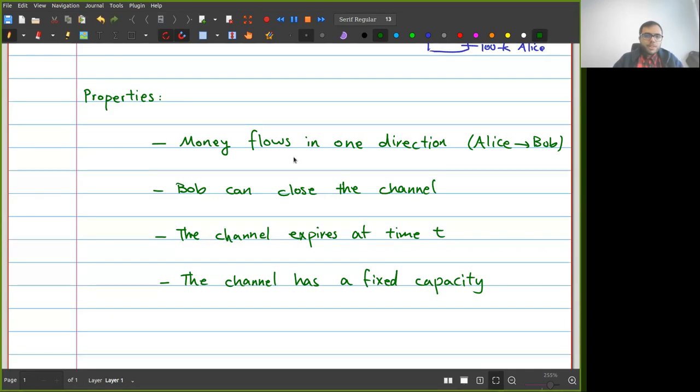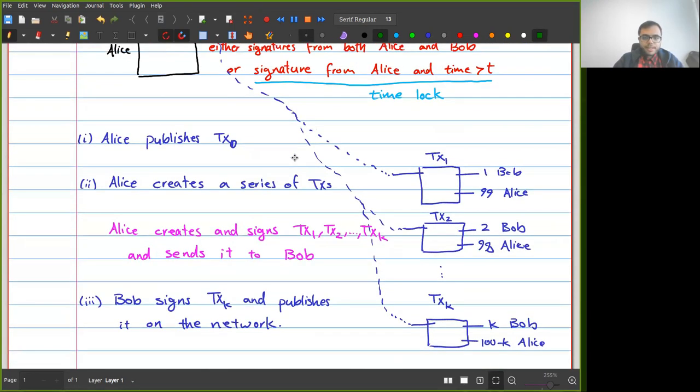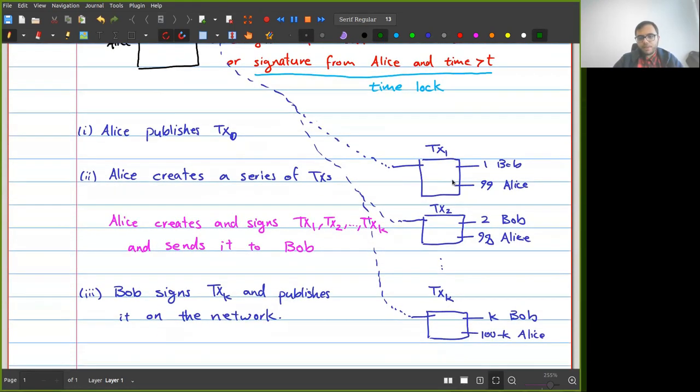But the most important thing here is that even though I'm creating a lot of transactions, all of these transactions are what we call off-chain. And by off-chain, I mean that they are just transactions that are being sent from Alice to Bob. So only Alice and Bob are seeing these transactions. These transactions never actually make it onto a blockchain.